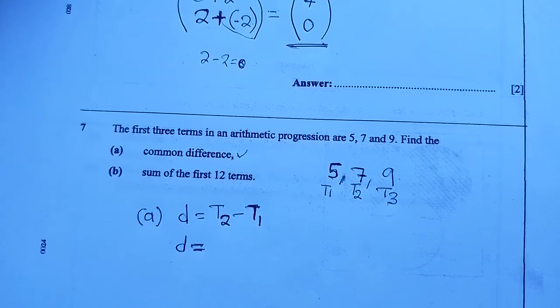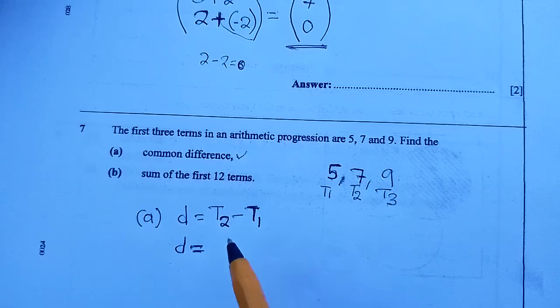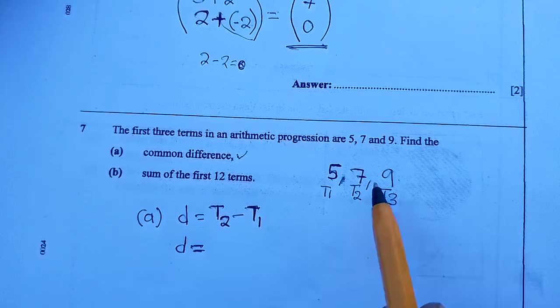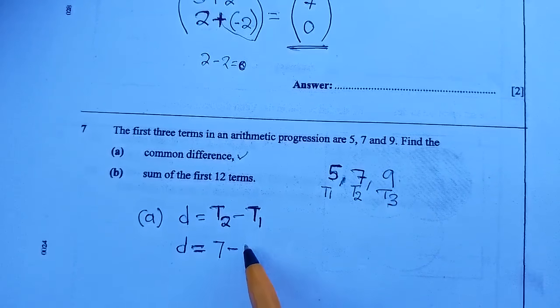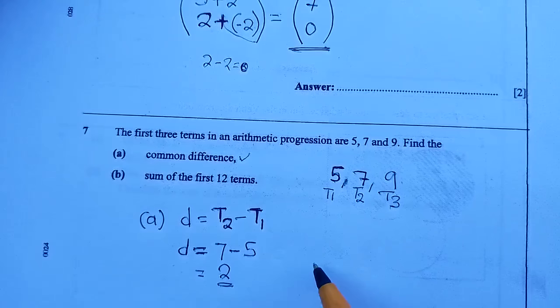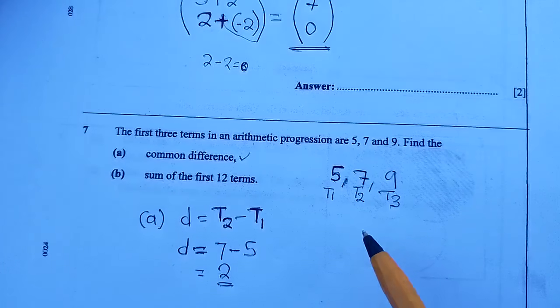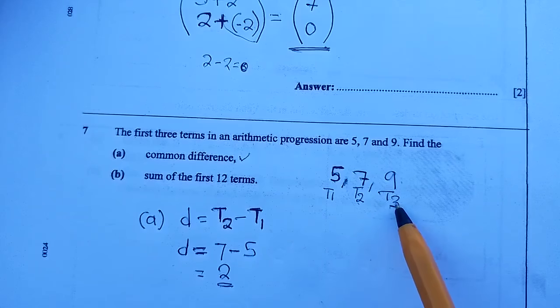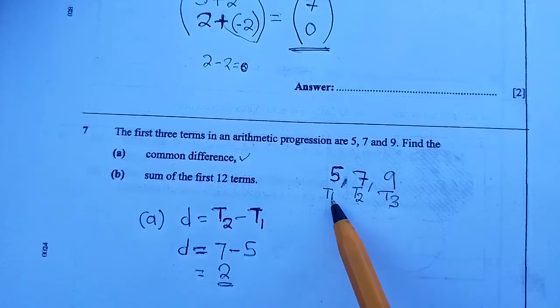what? I say what is T2? Term number 2, 7, minus first term 5. So finally the answer there is 2. Even if you use T3 minus T2, you still get the same answer, but you can't say T3 minus T1.